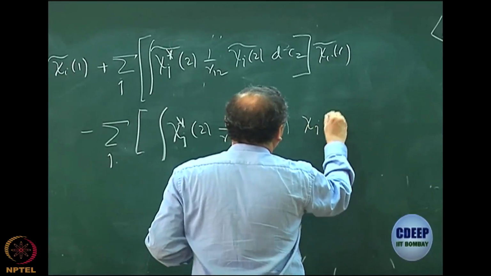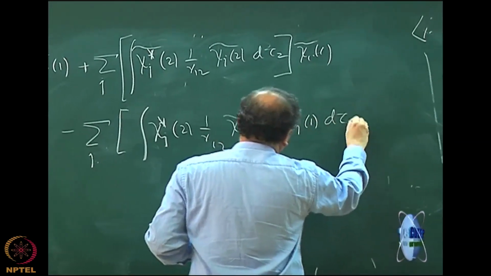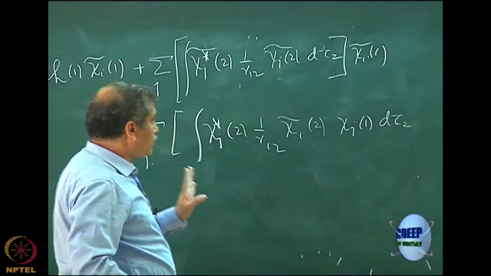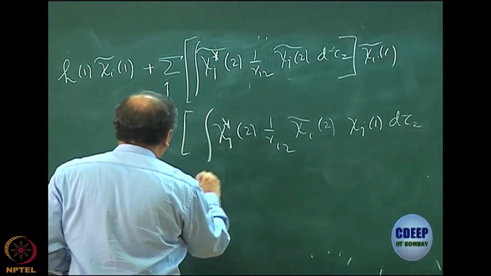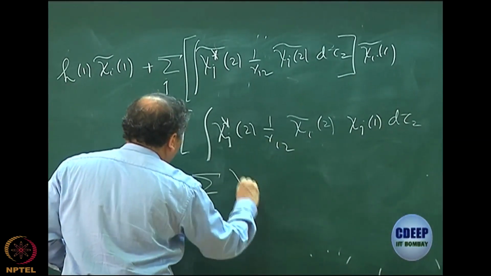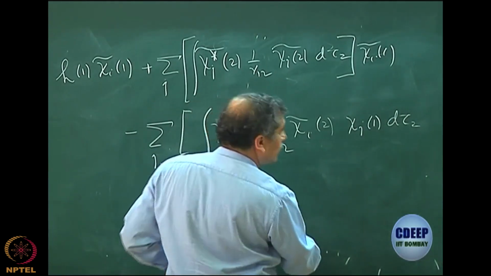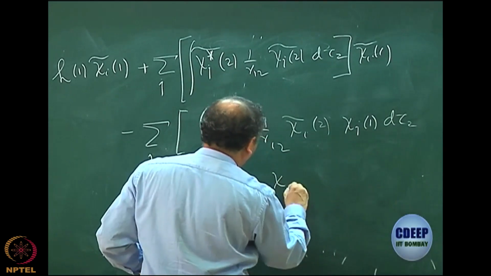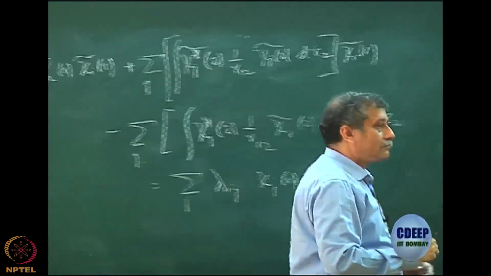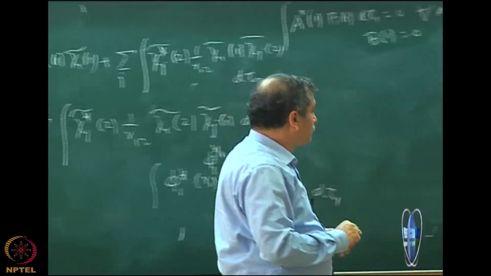Chi j1, d tau 2. Of course it is d tau 2. It is still d tau 2. Equal to sum over j lambda ij chi j1.